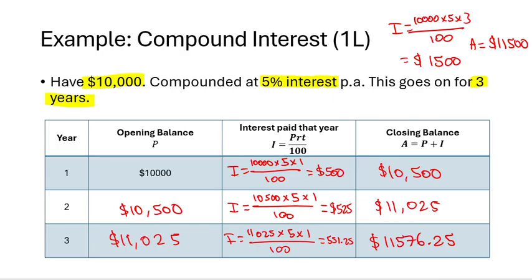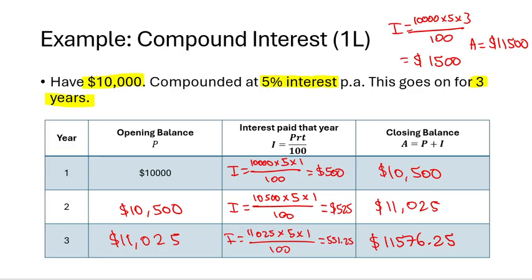Now you just compare the differences. I use similar formulas. I had the same numbers, 10,000, 5%, 3 years. But as you can see, compound interest gave me more money at the end of the period, as opposed to the simple interest formula.